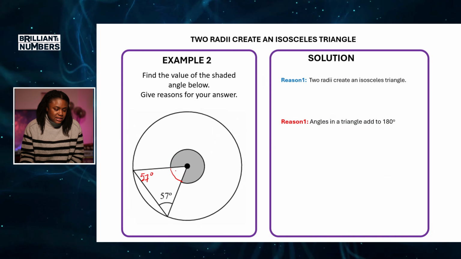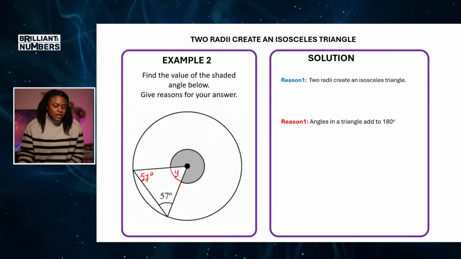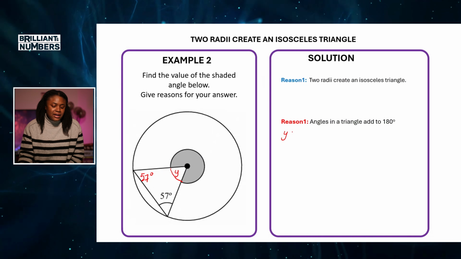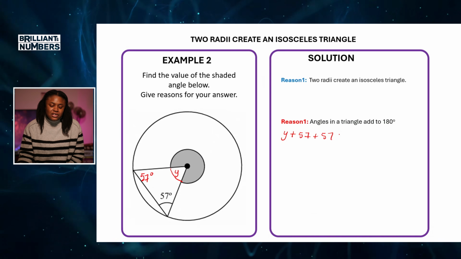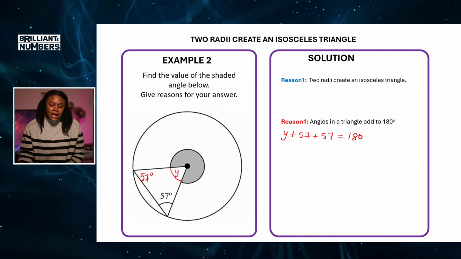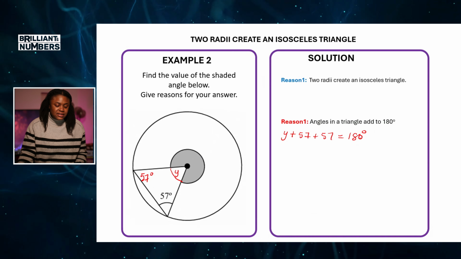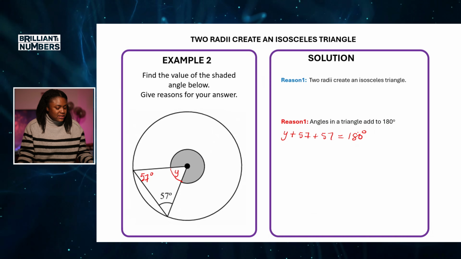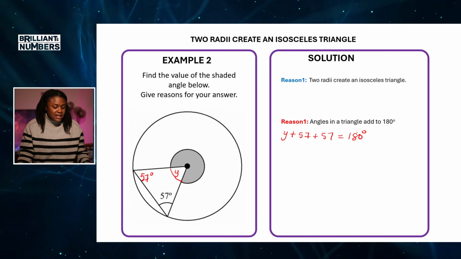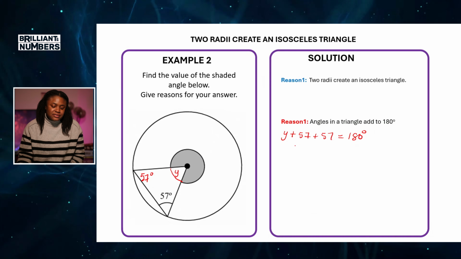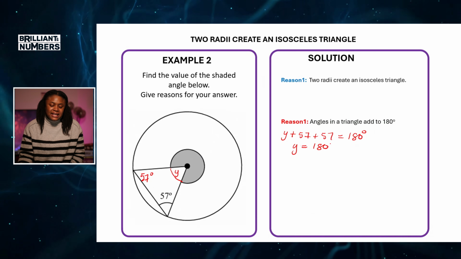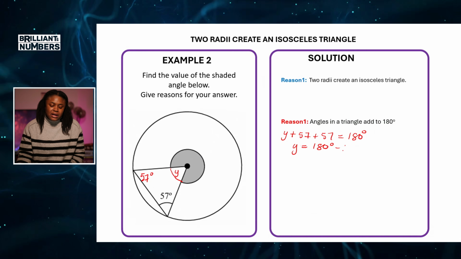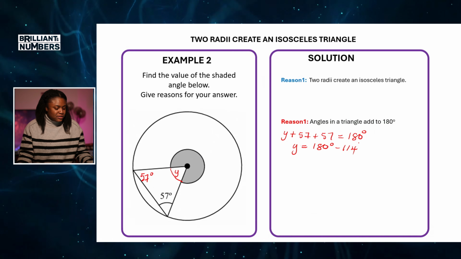I'm just going to call this angle here y. So I know that y add 57 degrees add 57 degrees should be equal to 180 degrees. So we're just going to do that. 57 add 57, that gives us 114 degrees. So y is equal to 180 degrees, take away 114 degrees.